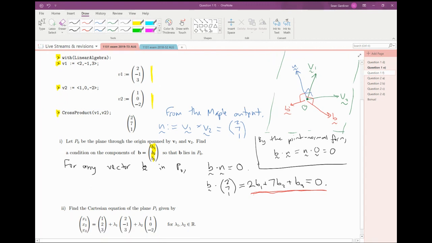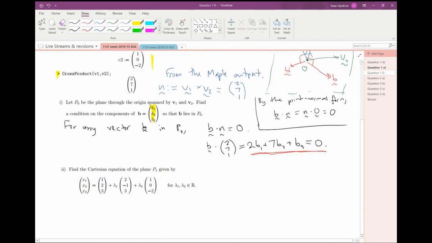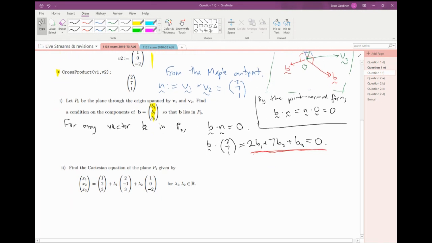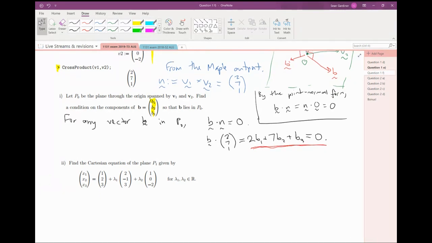So let's move on to the second part then, and it's actually sort of similar. It's going to follow the same sort of ideas. So this time we've been given a plane. It's a different plane to the first one, right? Or at least we've been explicitly told that it's not necessarily the same as the first one, because we're talking about plane P1 this time, not P0.